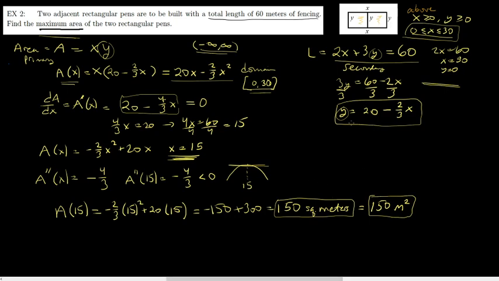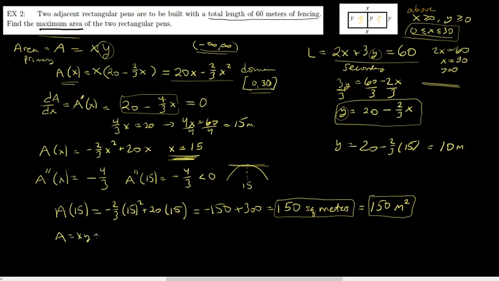Of course, we never found out what y is, but we know y is 20 minus 2/3 x, with x being 15, again, that's our critical number. So you're going to get 20 minus 2 times 5, which is 10. 20 minus 10 is 10. Again, 10 meters. So this is 15 meters for x. So that's another way we could have found the area here.